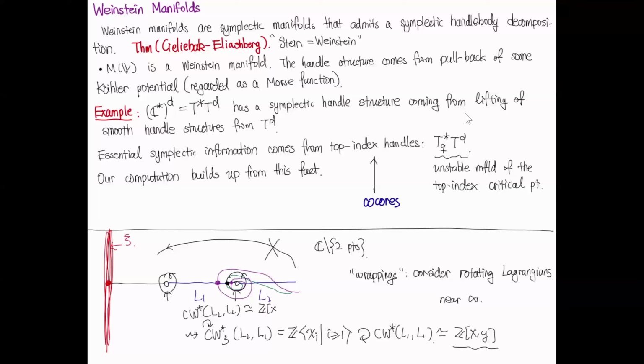So Kasai is telling you where the cylindrical end is. Right, it tells you where the wrapping is obstructed.